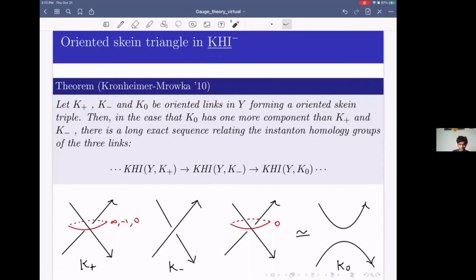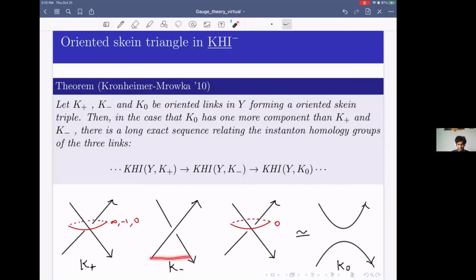If you look at the knot K plus, you take this unknot encircling the crossing, and they do infinity, -1, and 0 surgery on this knot. When you do -1 surgery on the sutured knot complement of K plus, you get the sutured knot complement of K minus with the meridional suture.